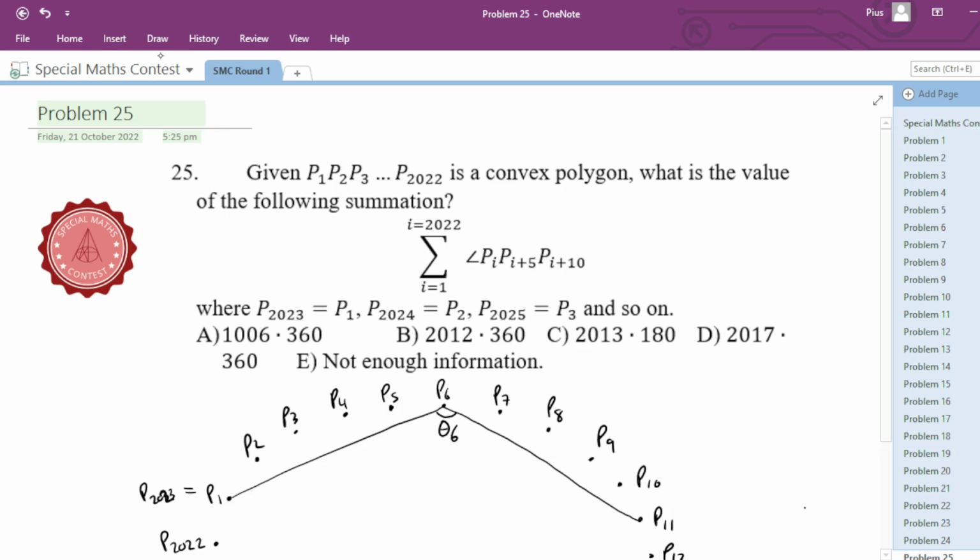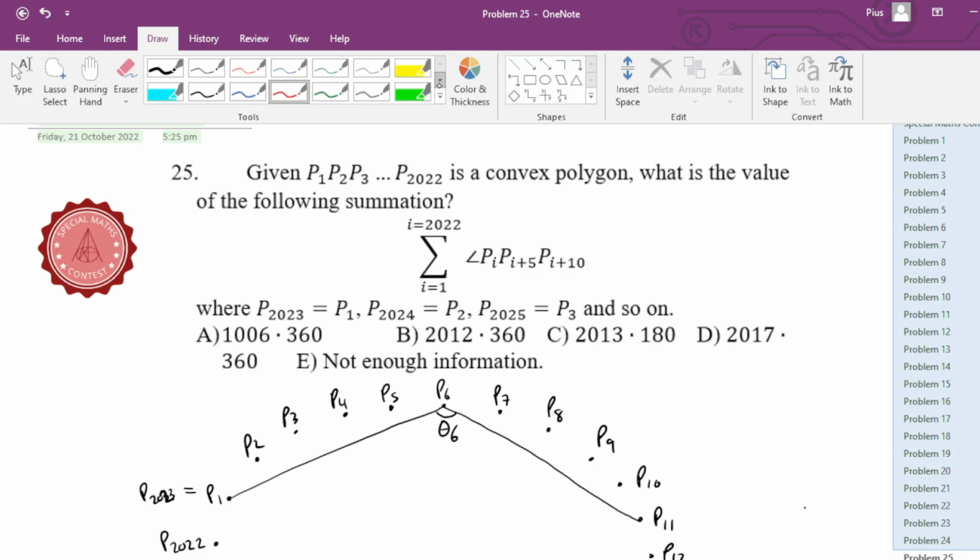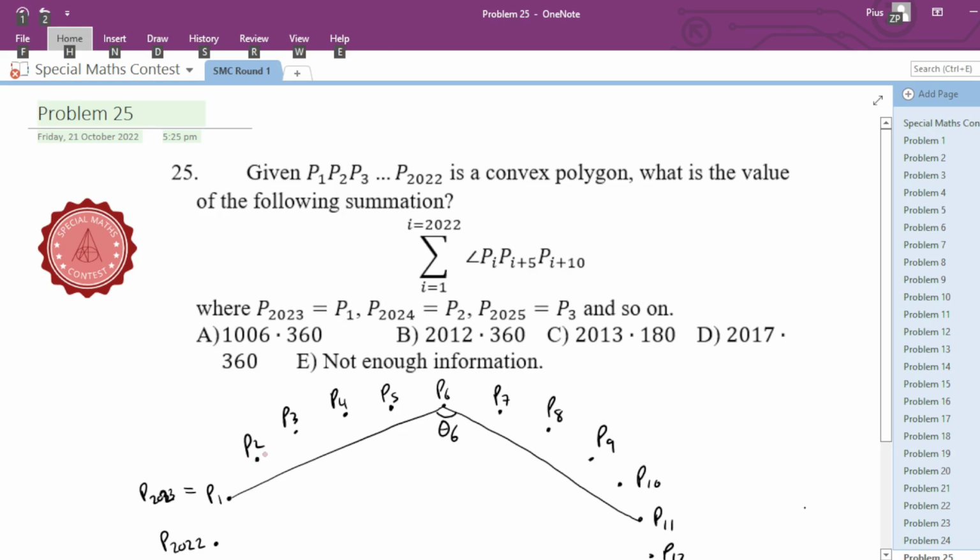So for example, if I use a different color here, for theta 7 it's going to look like this.